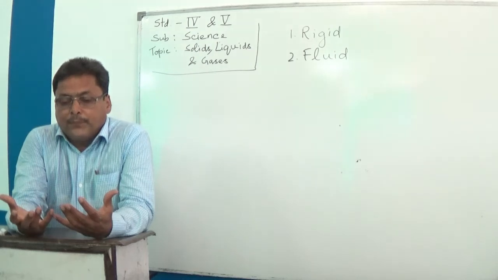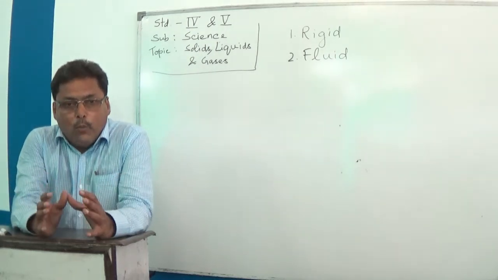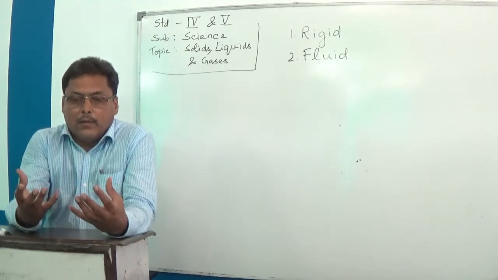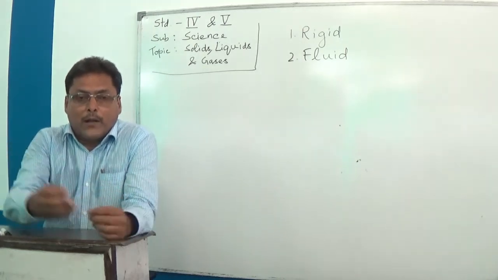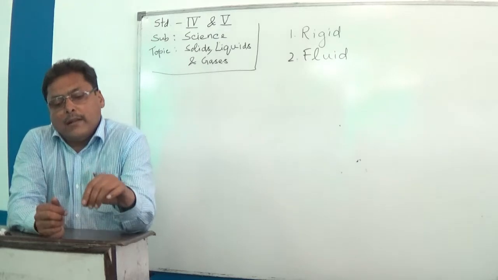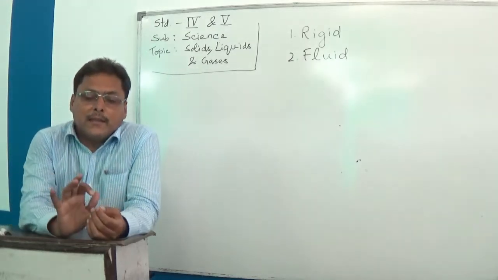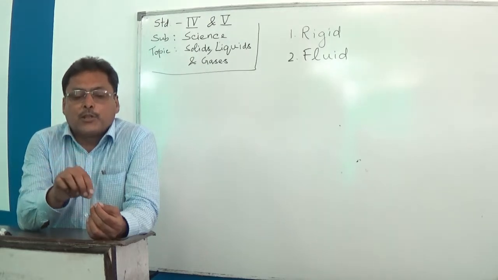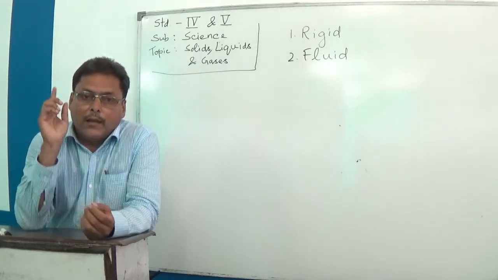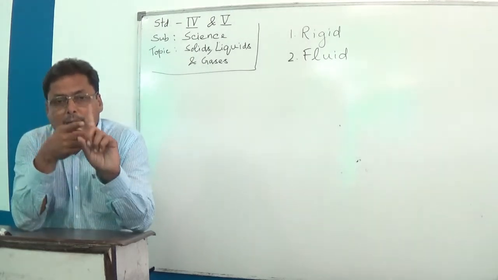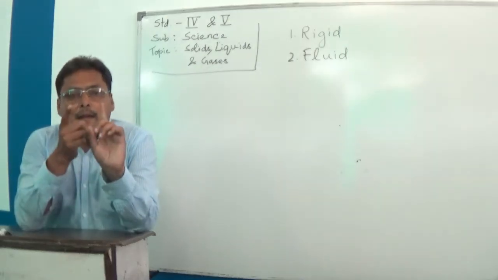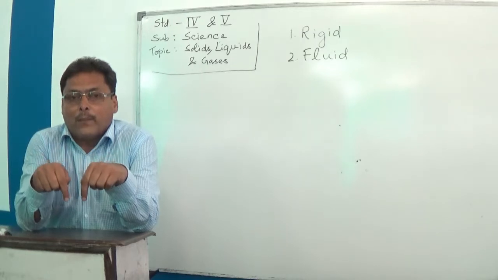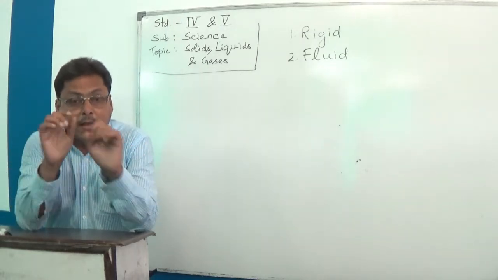When you are boiling water in a kettle and the gas is going out, water vapor is going out, if you take the lid of the kettle and see inside, you will see some water drops sticking to the bottom side of the lid. Why? Because that lid is a little cooler than the water vapor that is going out as steam.